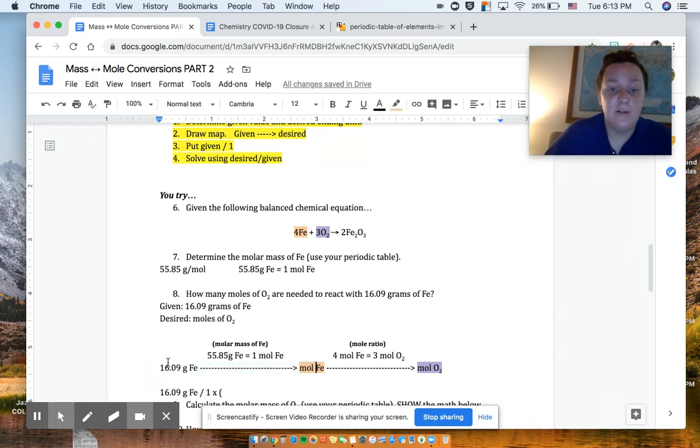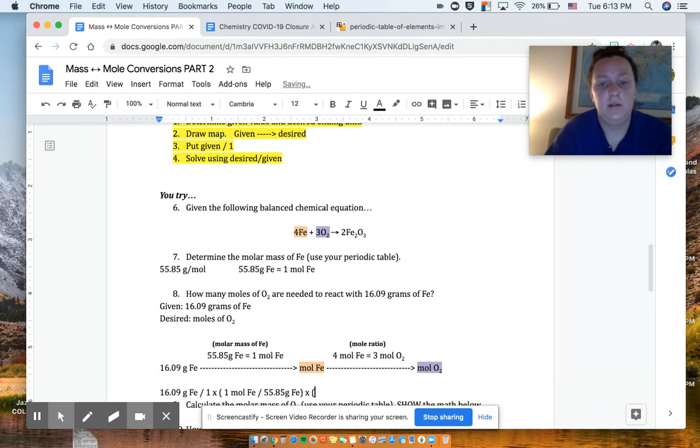My desired for this first step is moles of iron. So I want part of the conversion factor with moles of iron to be on top because that's my desired, and then divided by our given unit, which is grams of iron.